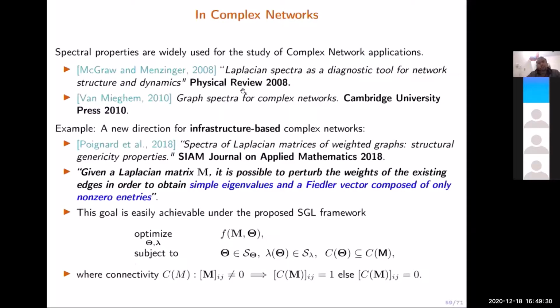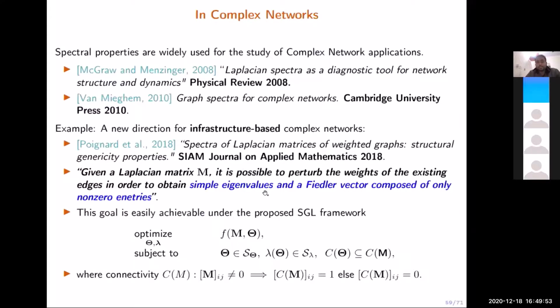In fact, there are many Nature papers and Physical Review papers which talk about the properties of the Laplacian matrix that can be used to improve complex network applications. So Laplacian spectra is a diagnostic tool of structure and dynamics. There are many existing problems which can directly be solved or improved by using this method.